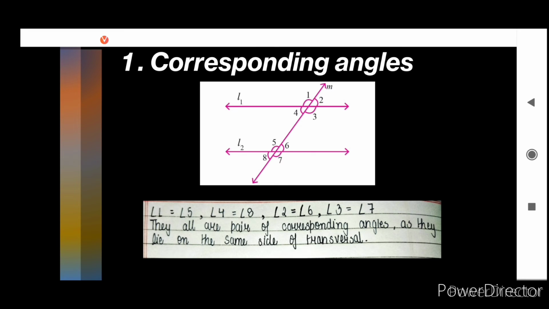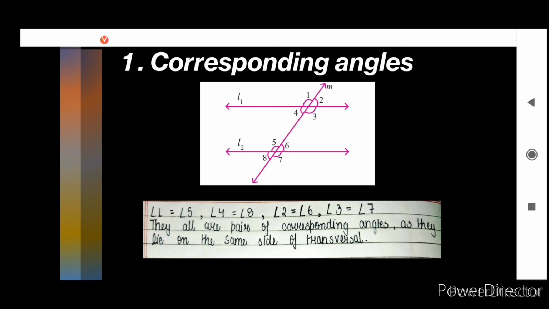Now what is the property here? Here angle 2 is equal to angle 6 as they are formed on the same side of the transversal, right? And angle 3 is equal to angle 7, right? And similarly angle 1 is equal to angle 5 and angle 4 is equal to angle 8.